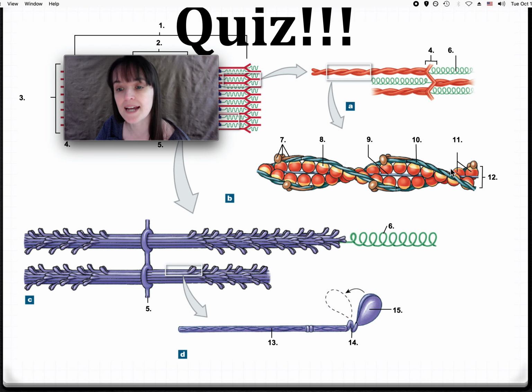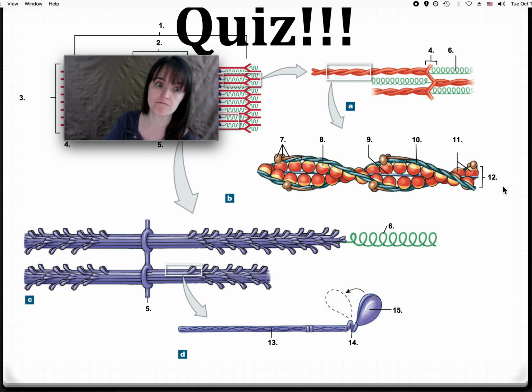And what covers the active sites on actin? Tropomyosin, because they're blocking the myosin. Tropomyosin blocks myosin. And the little spheres are G-actin, while the whole thread of little spheres around the nebulin are F-actin. So all the G-actins with the other proteins are an F-actin.